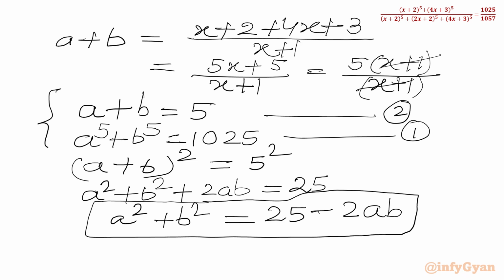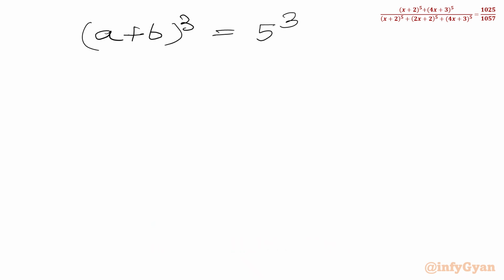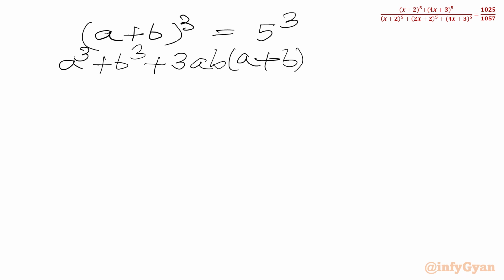Now we will calculate A cube plus B cube value. So I will consider cubing both sides. Let me write here (A plus B) whole cube equal to 5 whole cube. We'll apply the (A plus B) whole cube formula. A cube plus B cube plus 3AB times (A plus B) equal to 5 cube or 125.